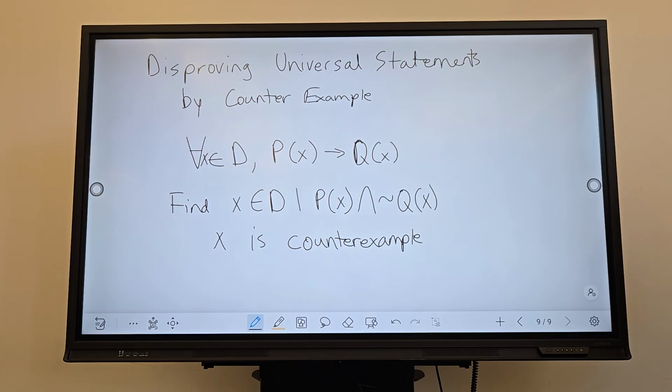Let's see here. Disprove the following statement by finding a counterexample. For all real numbers a and b, if a squared equals b squared, then a equals b.